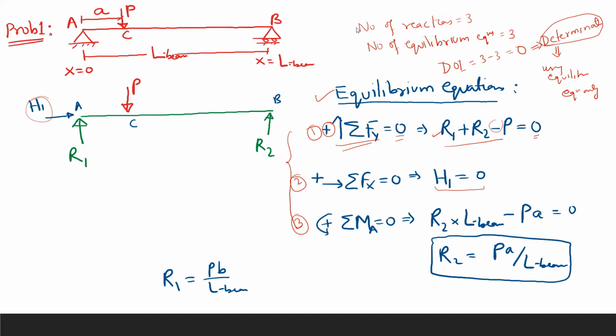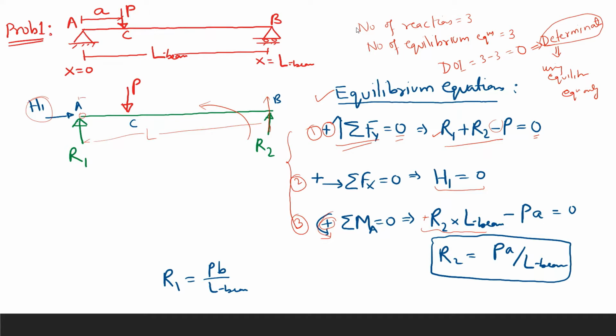Now the third equilibrium equation is that the net moment about any point equals 0, and we take the positive sign for the anti-clockwise direction. If we take moments about point A, R2 acts at a distance L from this point, so R2 into L gives a moment in the anti-clockwise direction about point A, so we consider it positive.